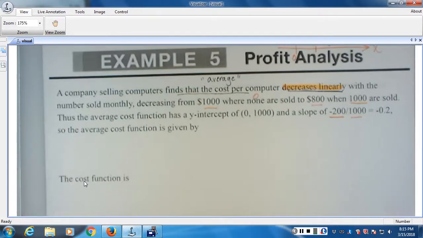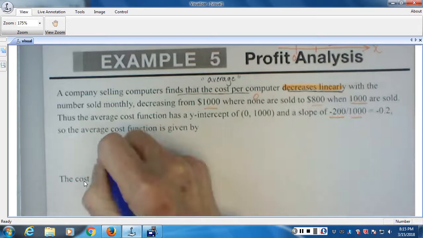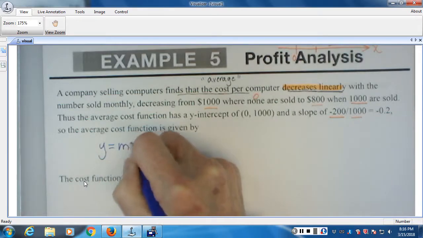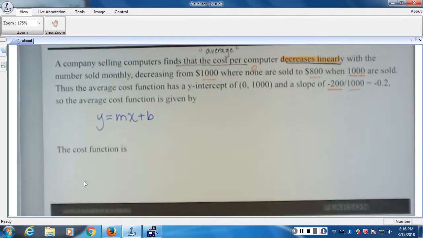Now, the question is, what is the average cost function? That shouldn't be hard to figure out because they've told you everything you need to know. What is the average cost function? They told you it was linear. What's the slope of the average, not the cost function? What is the slope of the average cost function?